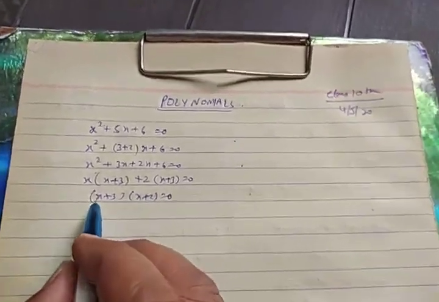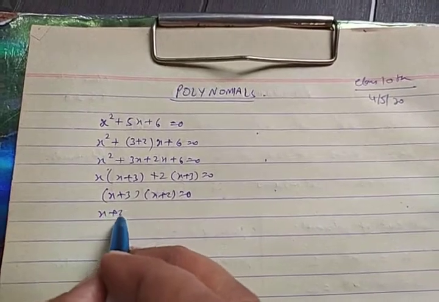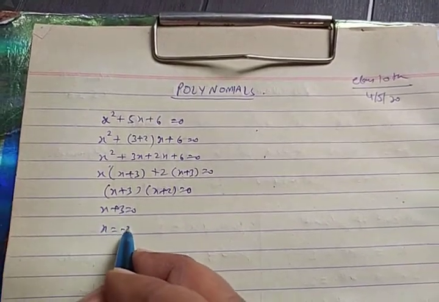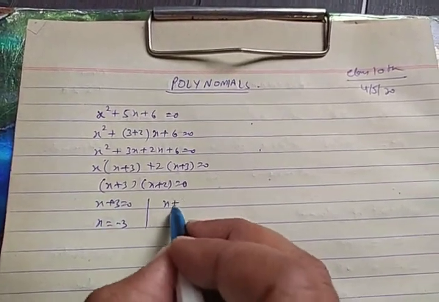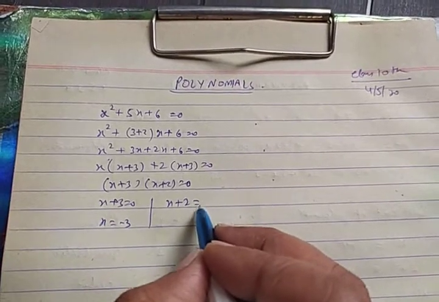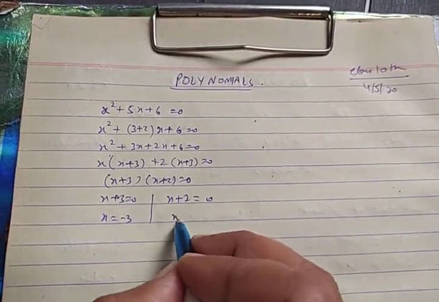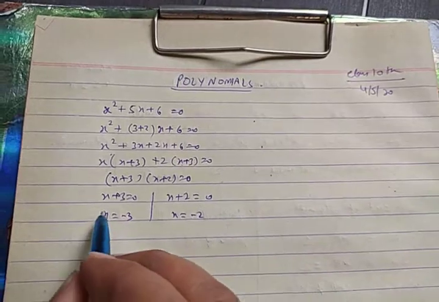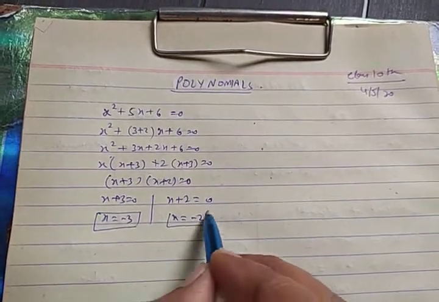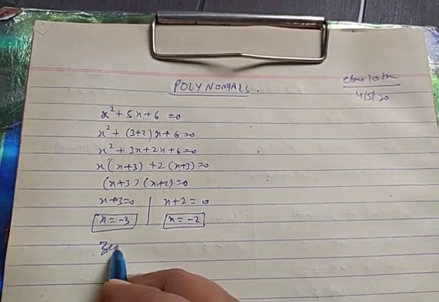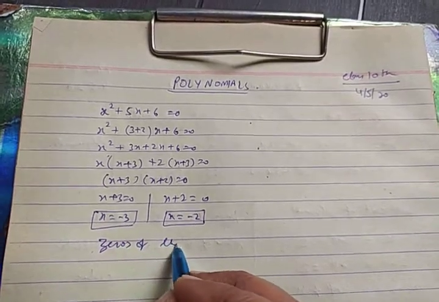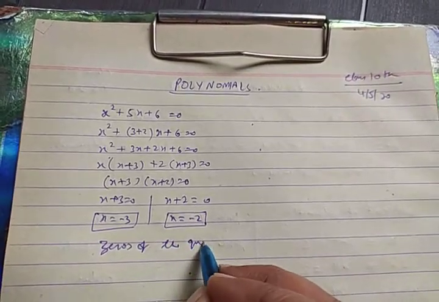If you equate this expression to 0, you will get x is equal to minus 3, and if you equate x plus 2 is equal to 0, you will get x is equal to minus 2. These two values are called the zeros of the quadratic equation.